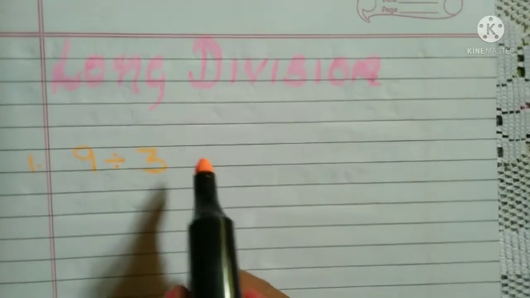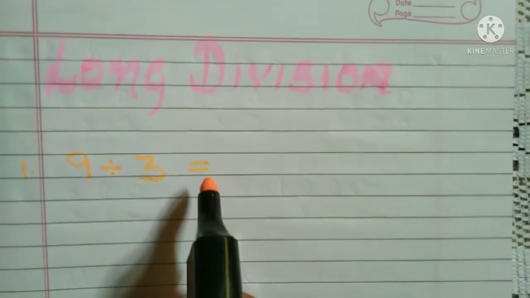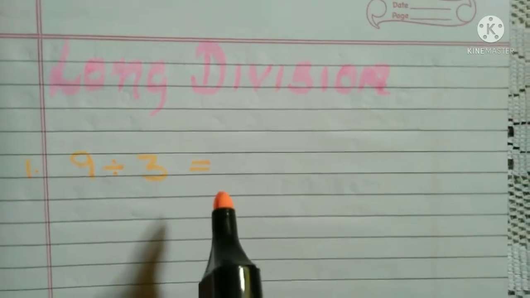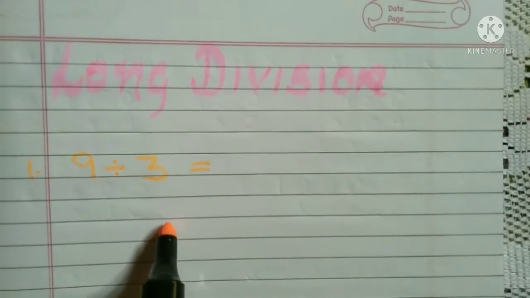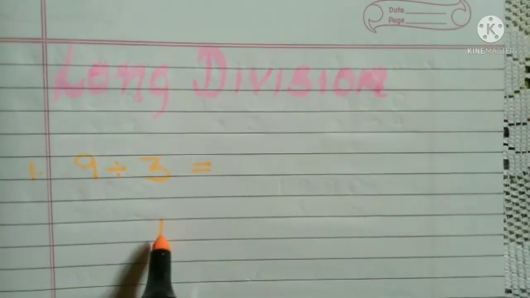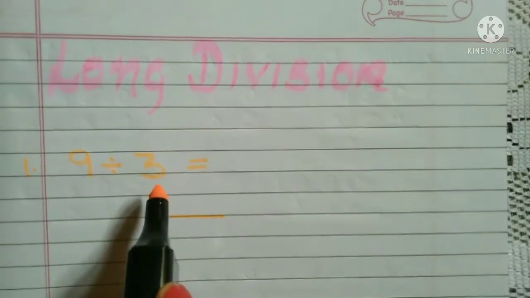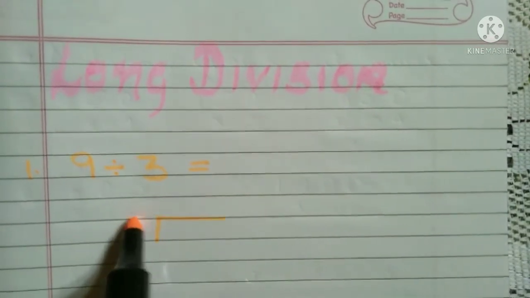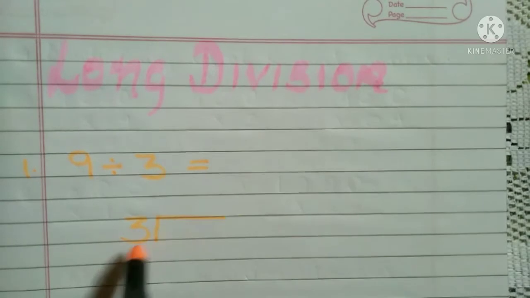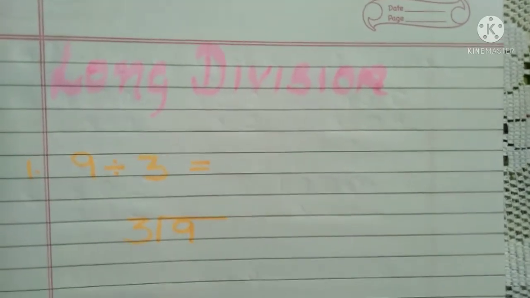9 divided by 3 equals, now in the long division method, you will be writing 3 here and 9 here.